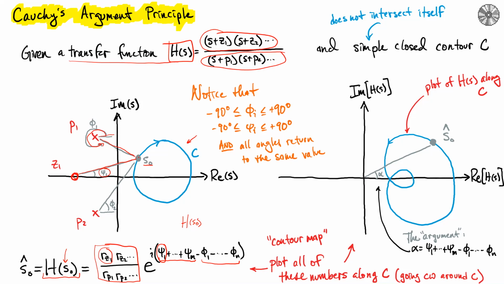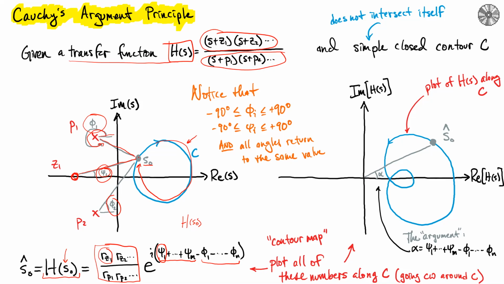Something to observe is that these angles start at some value, and because this is a closed loop, you're going to return back along this contour to that same point. So all of these angles, phi 1, psi 1, phi 2, will all return to the values they started from.